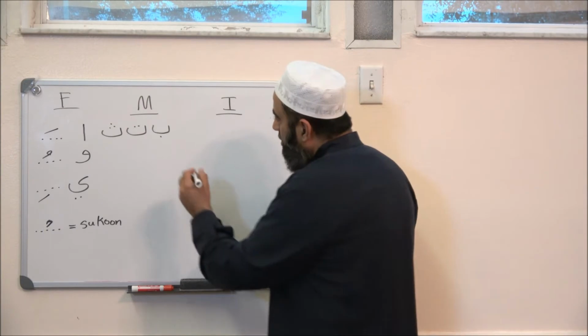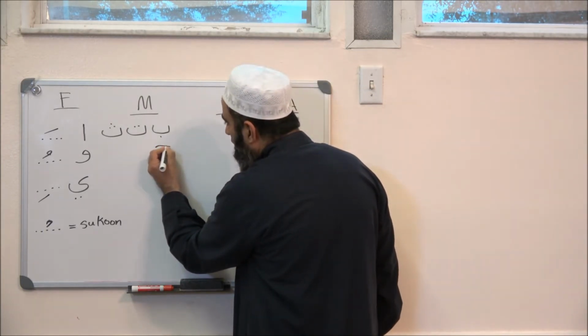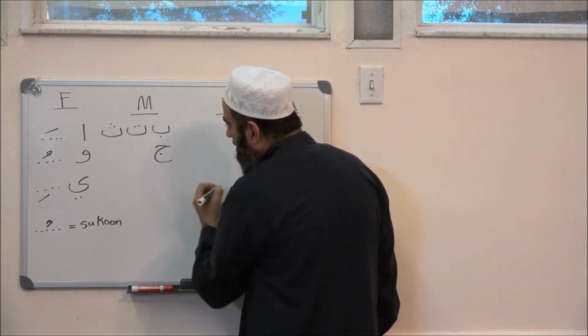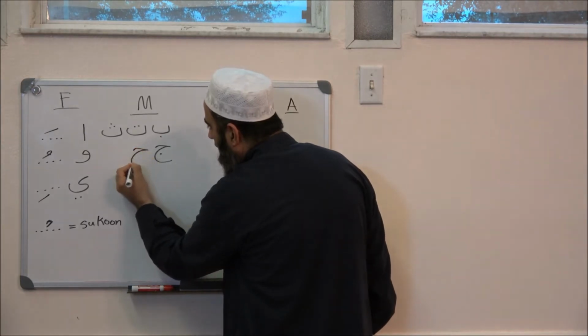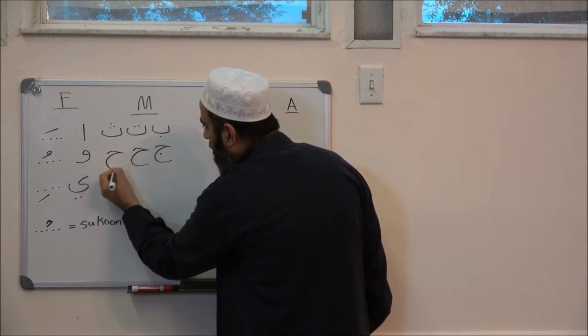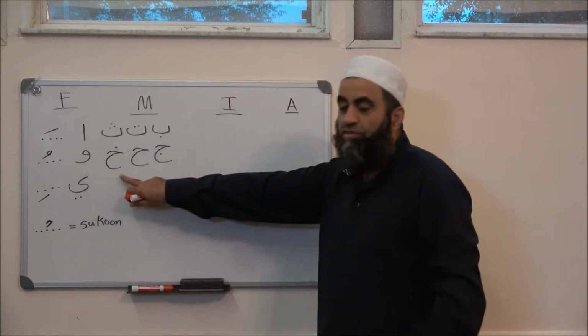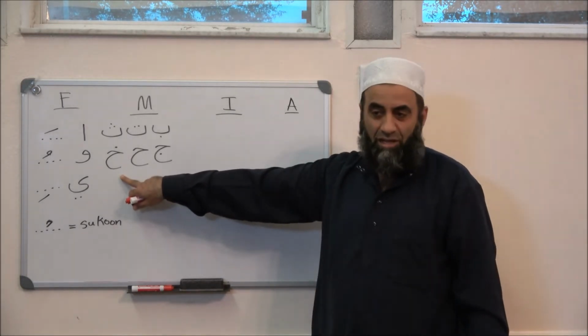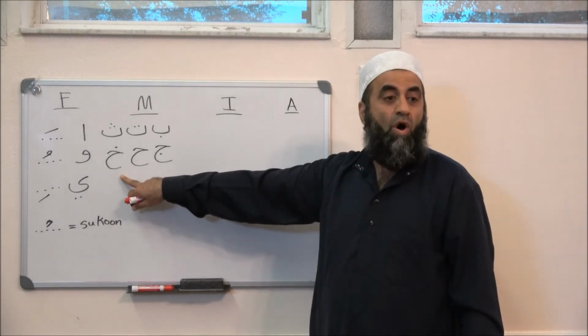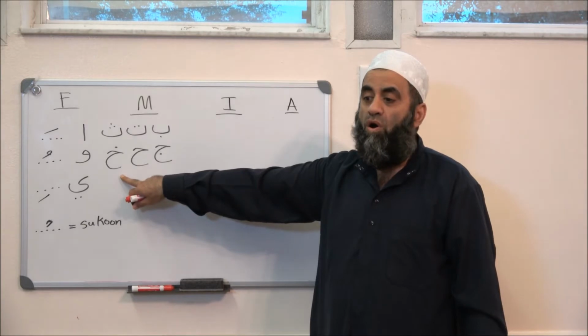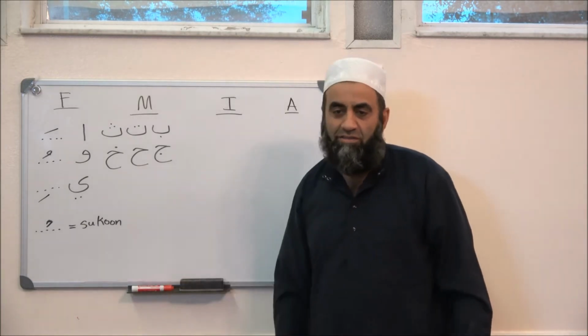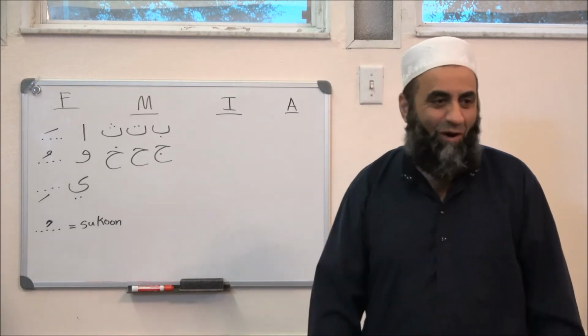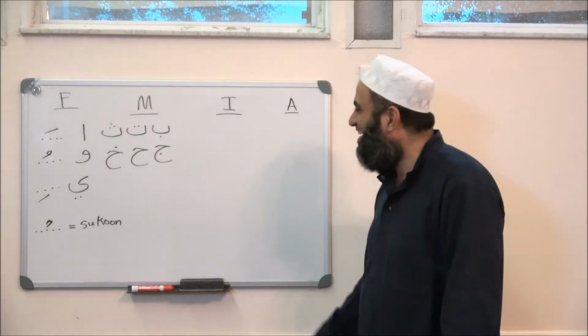What else we covered? The belly family. Ja, ha, and kha. Now the kha is a big letter. Notice kha, kha. Yeah, it sounds like a macho man. Okay.